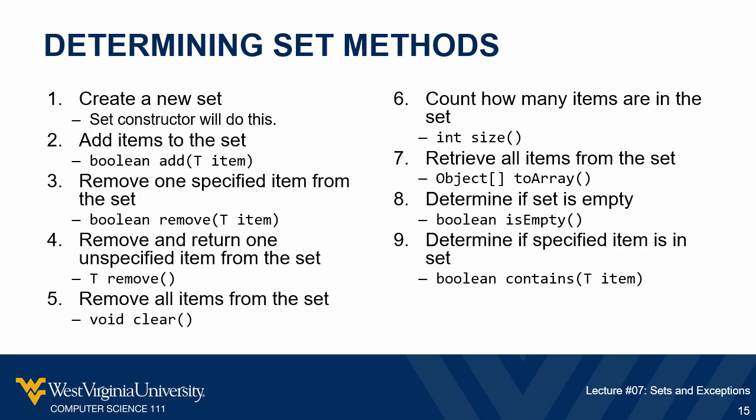Here I'm just doing a single method to retrieve all the items from the set as an array. I'm just doing a version of toArray that returns an object type array. I'm not doing the second method that we did with our bag implementation that accepted an array of a particular type and then returned an array of that same type. The main reason for that is just simplification here.